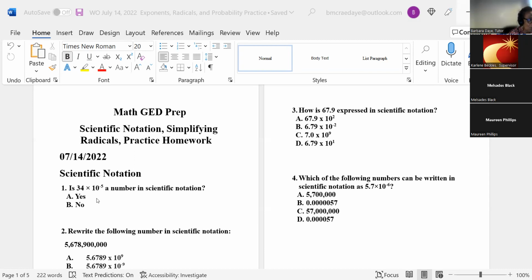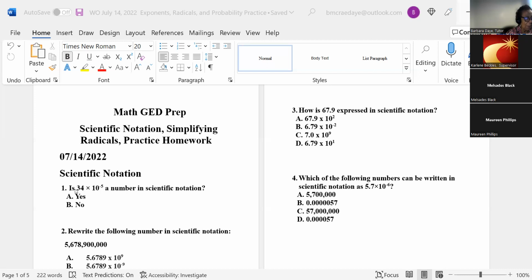When you see something like this, A and B, yes or no, true, false, you can say what it is, because I know I get both answers sometimes, the letter representing the answer and then the answer itself. But either way, I'll check it if it's correct. Now, I knew you knew this, Maureen.